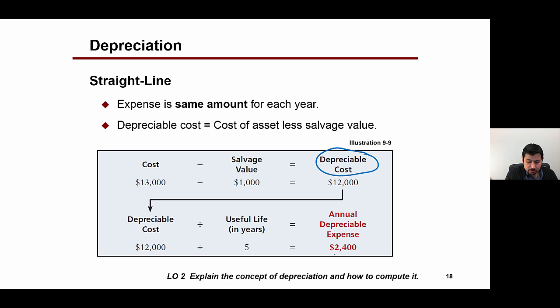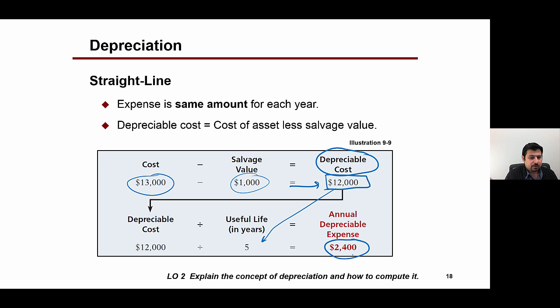So the way it is done, we subtract the salvage value from the original cost, and that would give us the depreciable cost. This depreciable cost is divided by the useful life in years, so it's 12,000 over 5, and that would be 2,400 for every year.